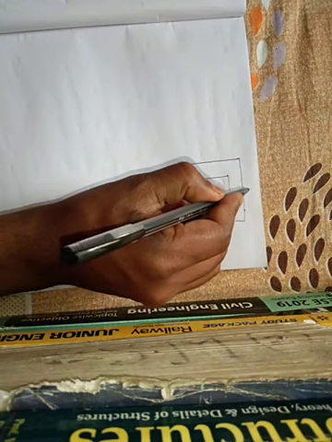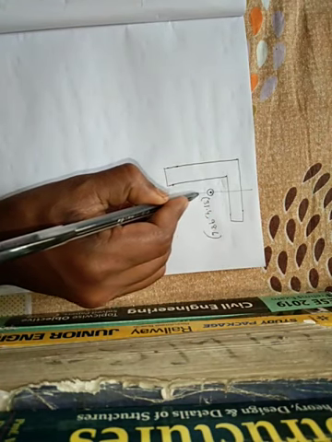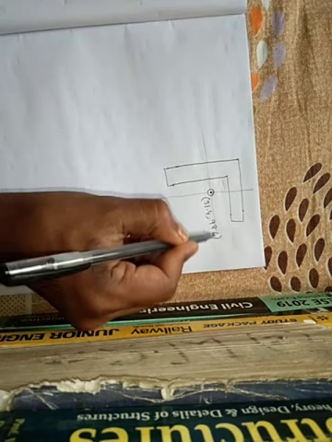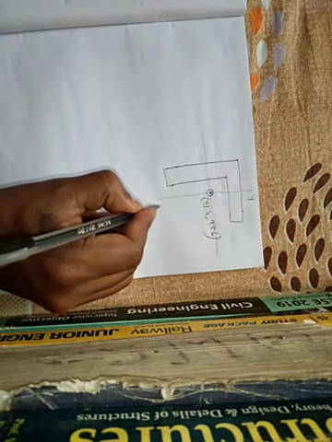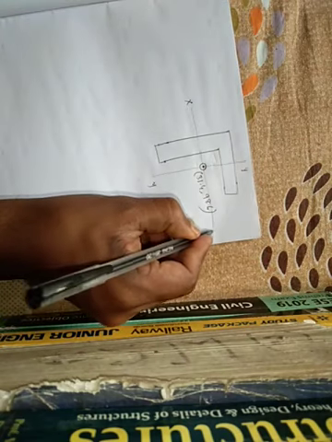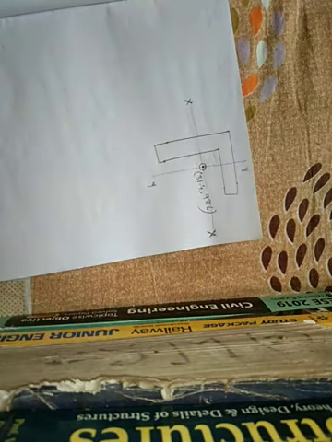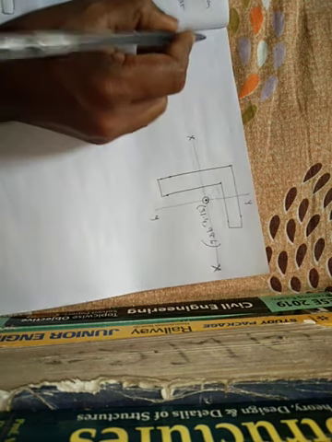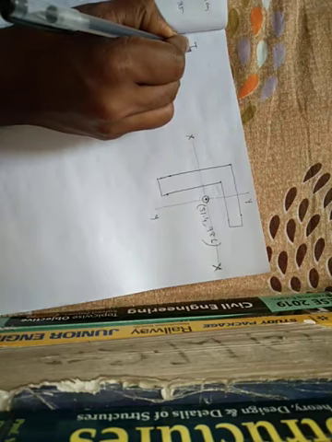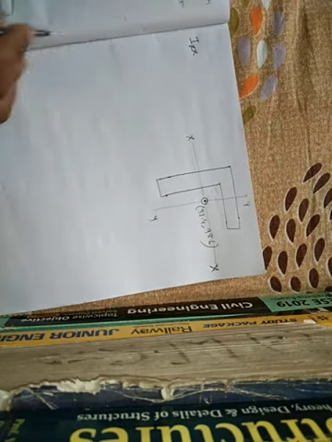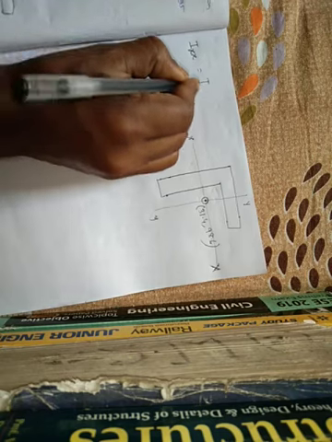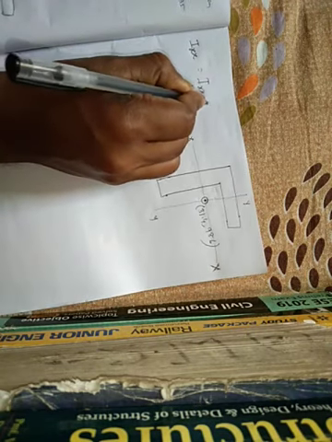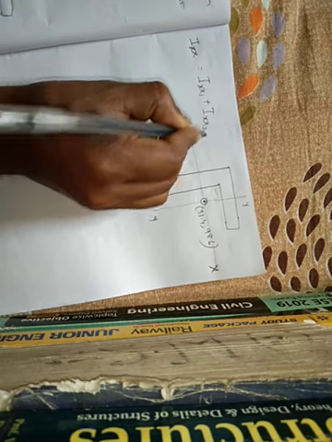Now we have to calculate the moment of inertia, polar moment of inertia of this section. This is the y-axis and this is the x-axis. Now calculate the moment of inertia about the x-axis, which equals Ixx1 plus Ixx2.